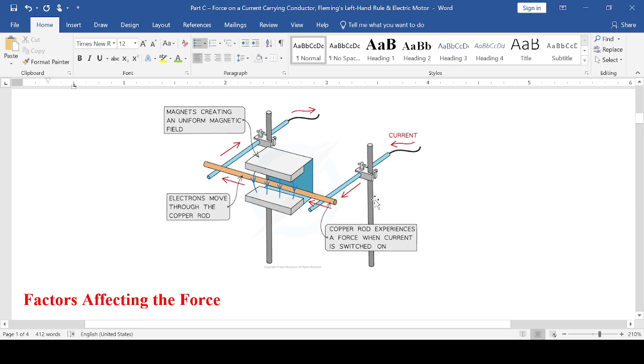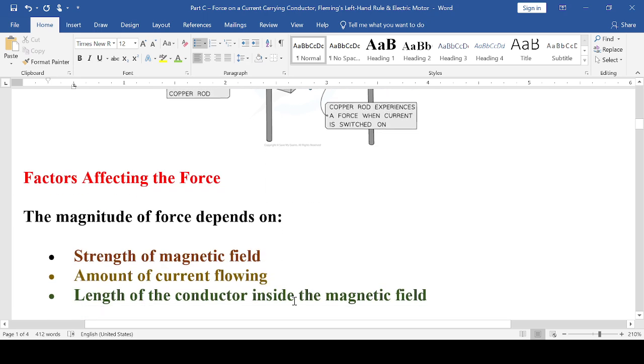See, magnets create a uniform magnetic field. Electrons move through the copper rod. The copper rod will experience a force when current is switched on. So what are the factors that affect the force?